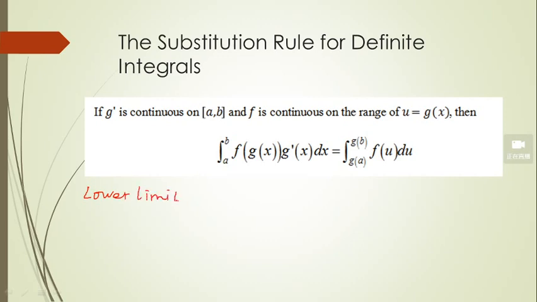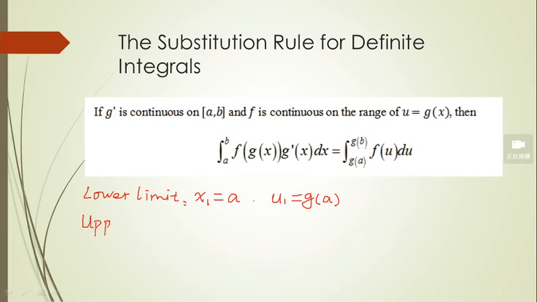For the definite integral, the lower limit x1 equals a, and that changes to, so for the lower limit, when we have the variable x, that is a, then when we have the variable u, the lower limit becomes g evaluated at a, right? The function g evaluated at a.